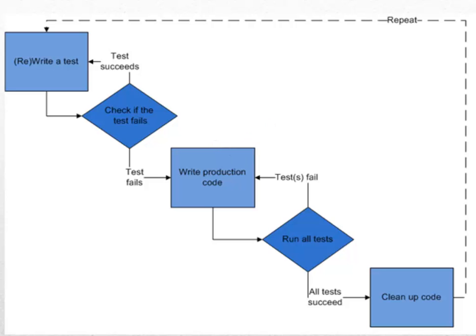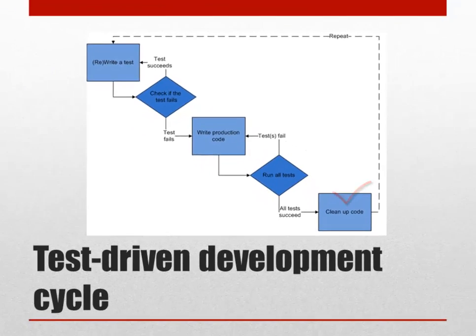If all the test cases now pass, the programmer can be confident that the new code meets the test requirements and does not break or degrade any existing features. If they do not, the new code must be adjusted until they do. Finally, we clean up the code, or refactor the code, and we are ready to add a new test.